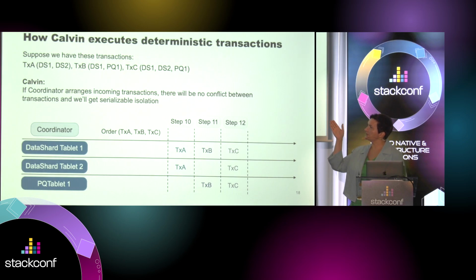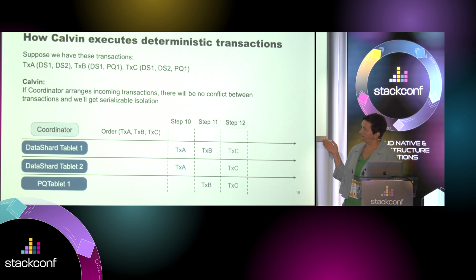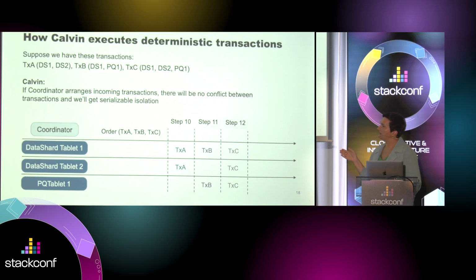Transaction TXA operates data in data shards 1 and 2, data shard tablets 1 and 2. Transaction TXB operates data in a data shard and some data in a topic, a persistent queue tablet, and the third transaction TXC operates data on all 3 shards. If the coordinator orders these transactions in a row, they can be executed independently.